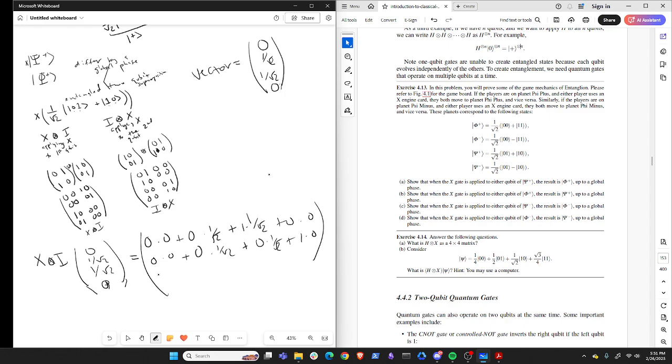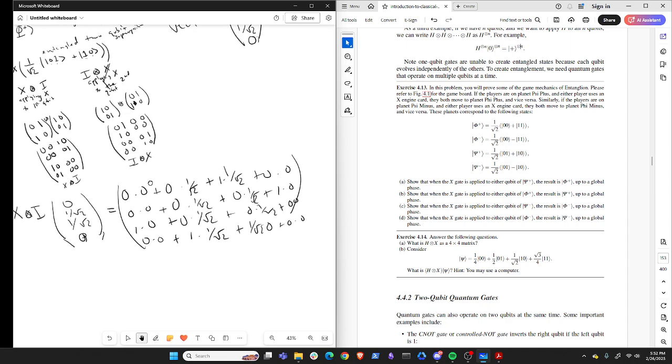And down here we've got 1 times 0 plus 0 times 1 over square root of 2 plus 0 times 1 over square root of 2 plus 0 times 0. And for our last one, we've got 0 times 0 plus 1 times 1 over square root of 2 plus 1 over square root of 2 times 0 plus 0 times 0. And that all adds up to 1 over square root of 2, 0, 0, 1 over square root of 2.